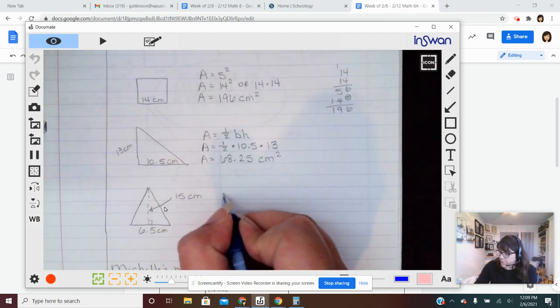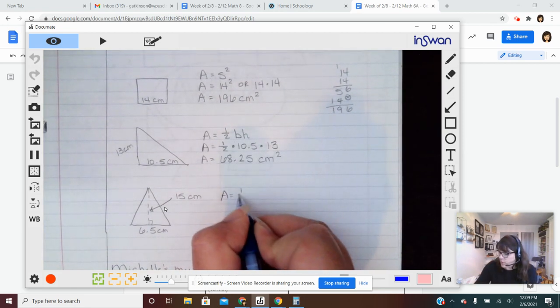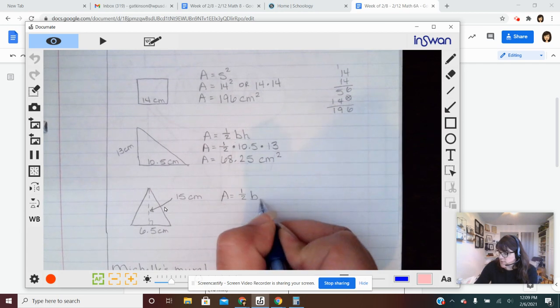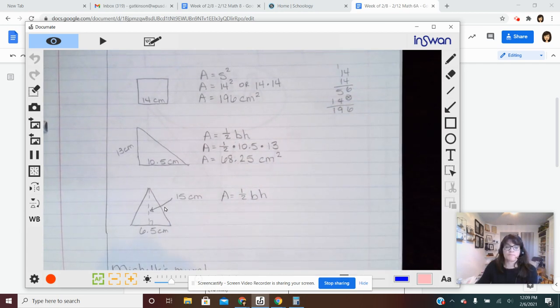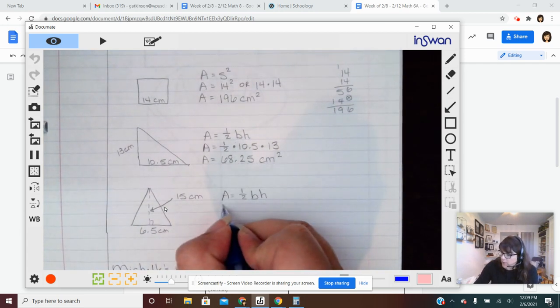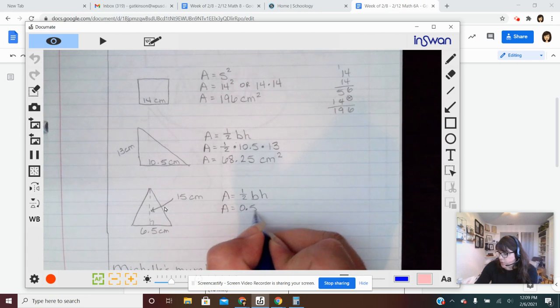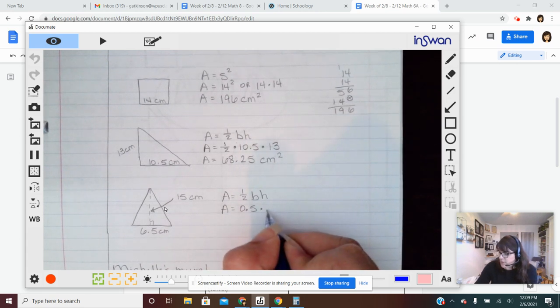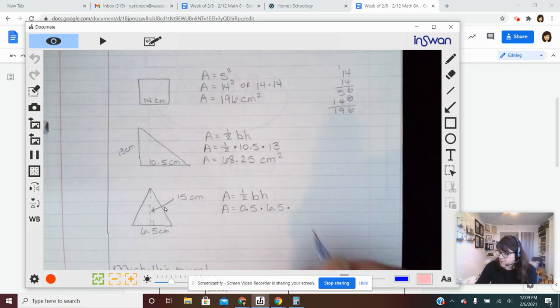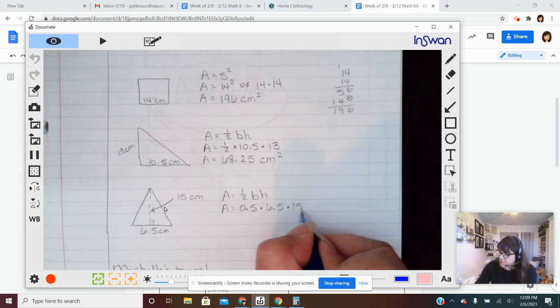Another one. Area, 1/2 times base times height. Now this is all in decimals, so I'm even going to change it right here. 0.5 times 6.5 times 15.